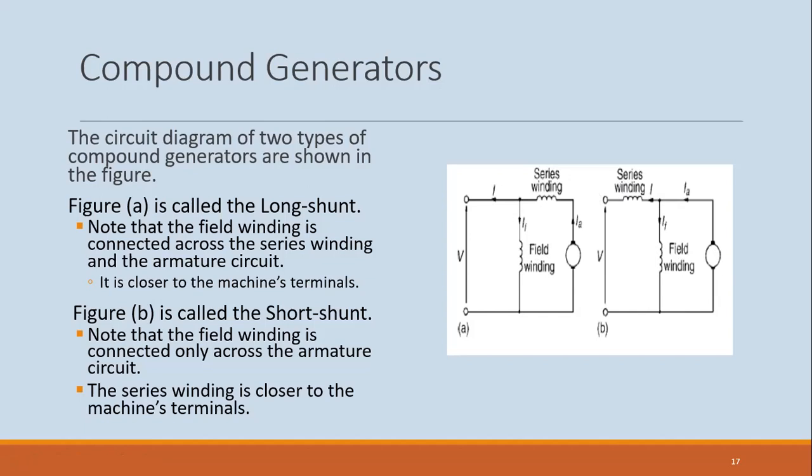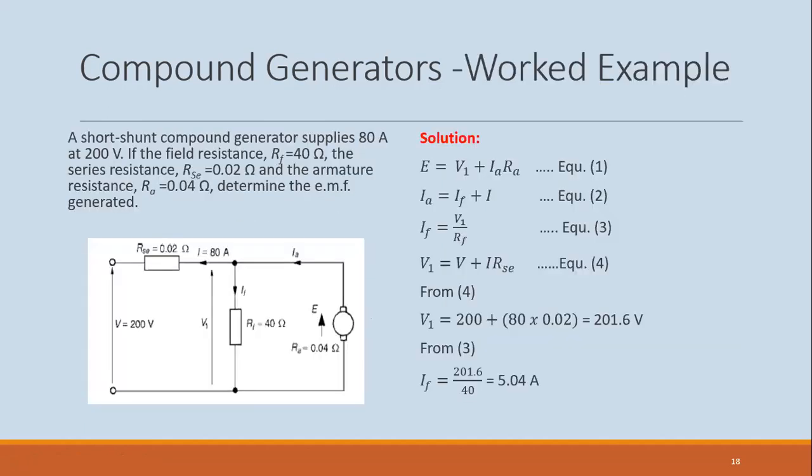I think I might have an example for a compound machine. All right, so another worked example for you. A short shunt compound generator supplies a load with 80 amps at 200 volts.